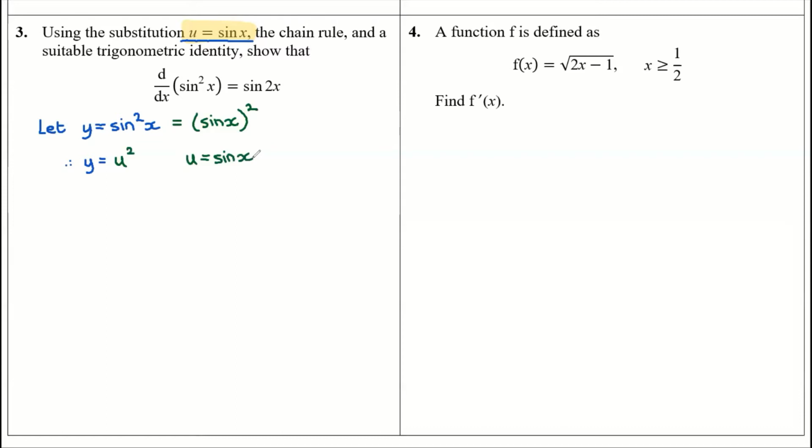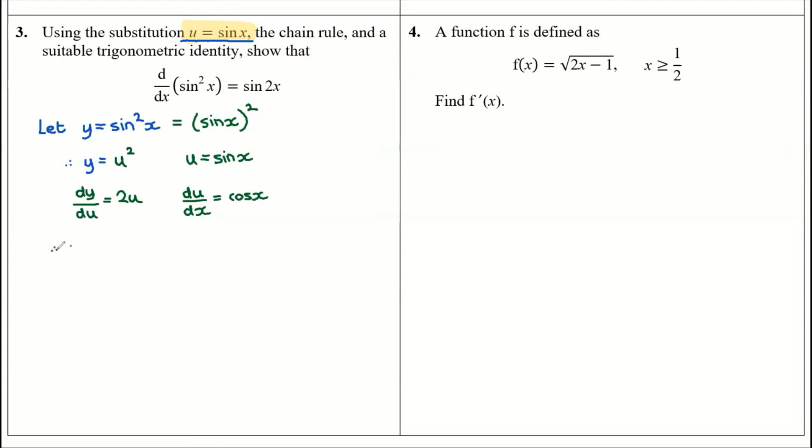Well, we do our differentiation, don't we? So dy by du, this is using the chain rule. Just differentiate with respect to u. That's going to be 2u. And using the standard result for sine x, du by dx is going to equal cosine x. Now we put these derivatives together.